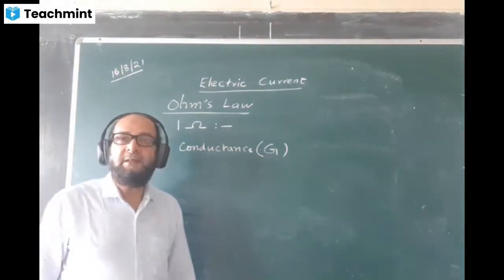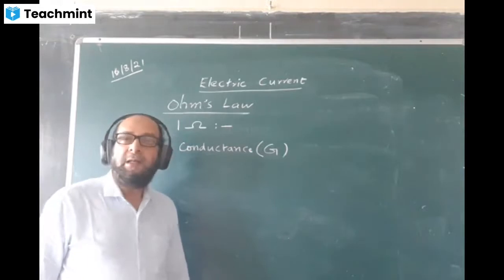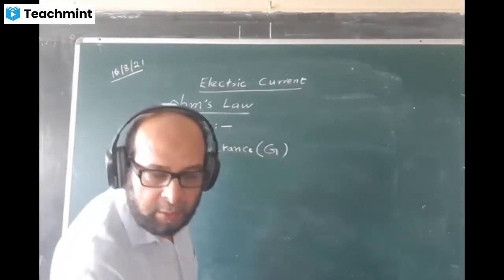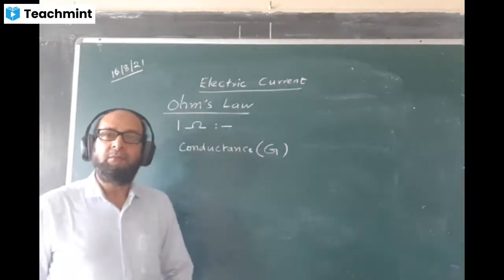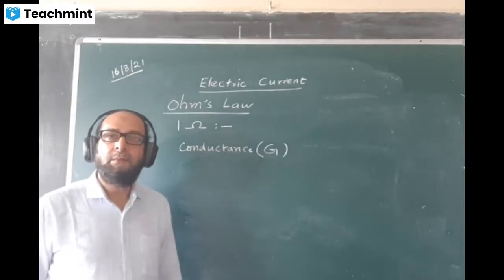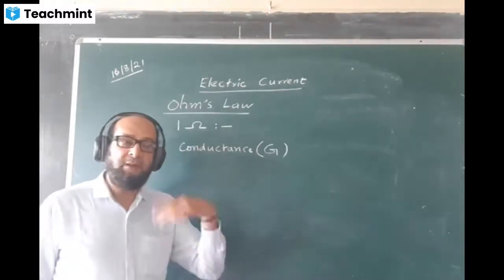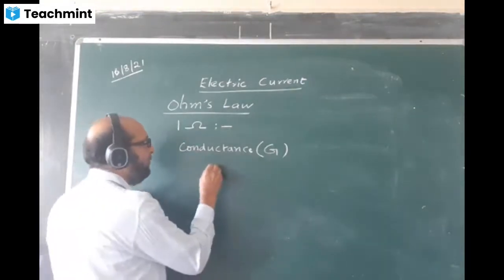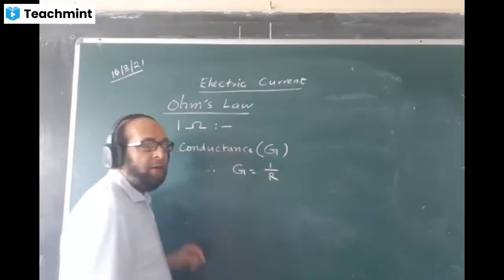Conductance is denoted by the symbol capital G. It is the reciprocal of resistance. Conductance is just a reciprocal of resistance. Therefore G is equal to 1 by R. The conductance formula is 1 upon R, 1 upon resistance.